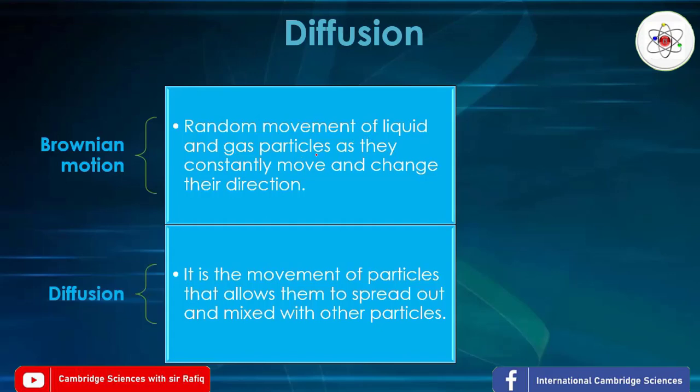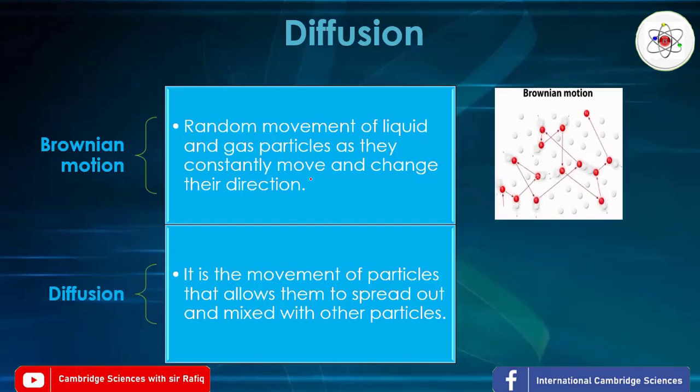Their random movement is in a straight line, and they constantly change their direction when they collide with other particles or with the walls of the container. This particular type of motion was discovered by Brown, so after his name it is called Brownian motion. You can see the particles constantly moving in a straight line. When they collide, they change their direction, right?